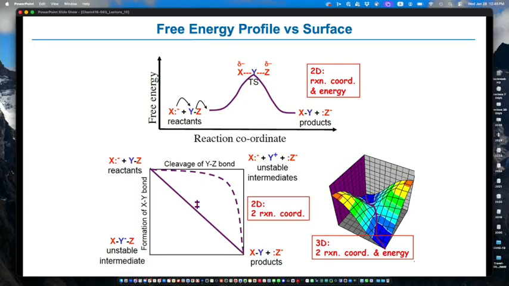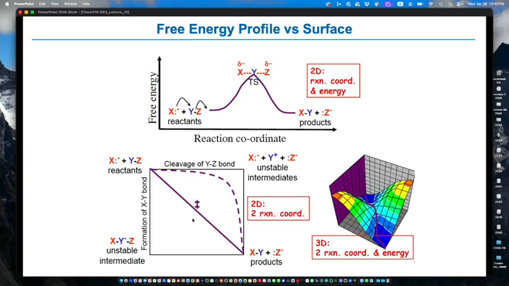X runs into Y, and I never change my YZ bonding axis. That's like taking my nucleophile, running it into my center, and not breaking the other bond. Okay, everybody on board with that? What do you think happens energetically if I did that? So let's put this into specifics.